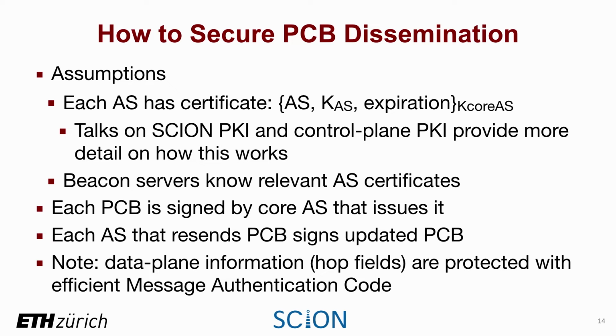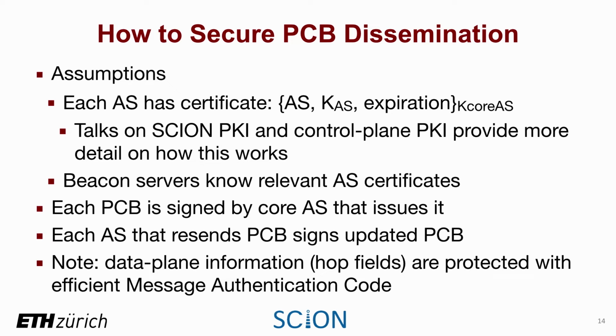So first, we assume that each AS has a certificate that identifies its AS identifier, which we just denote with AS here, the local public key of this AS, as well as an expiration time. And this is signed by one of the core ASs of the ISD.